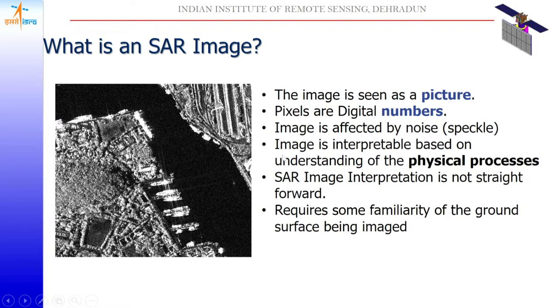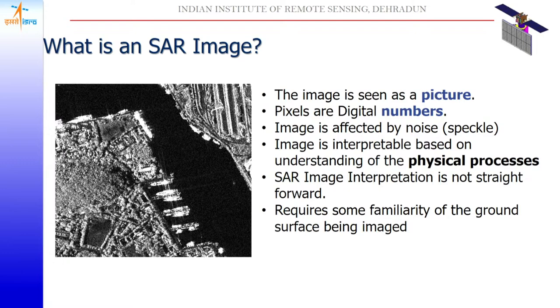The image is interpretable based on understanding of the physical process, because in SAR it is basically the scattering processes involved for the different targets or different features of the earth surface. So we have different scattering for different targets or features. We have different responses or backscatter energy for different features.